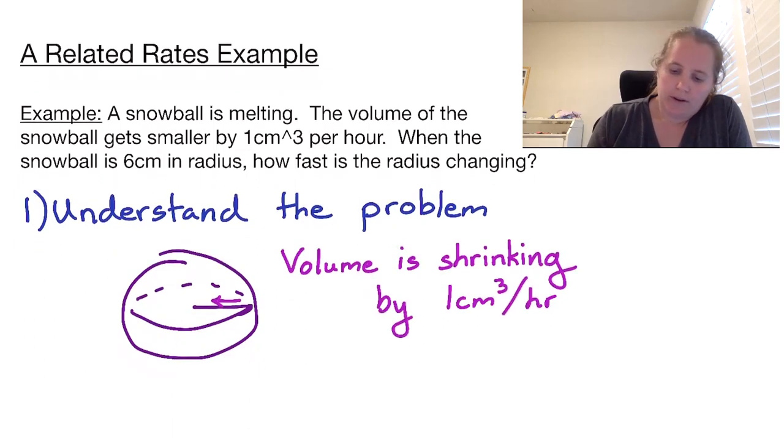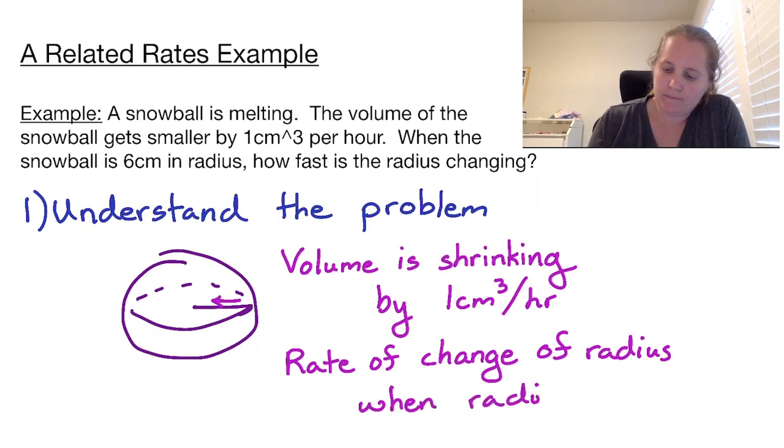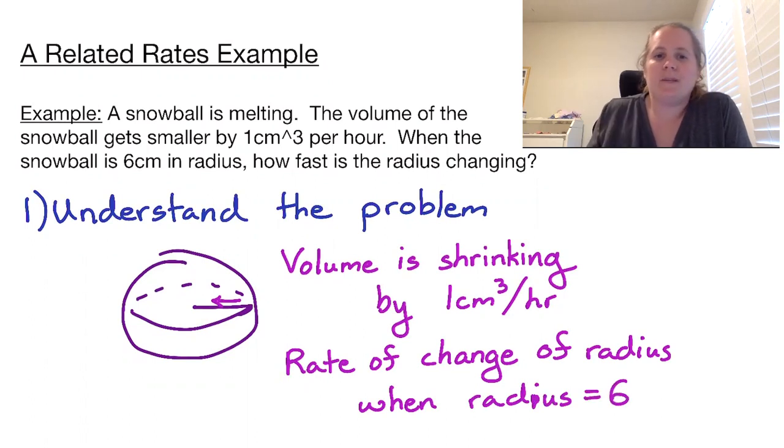We want to know the rate of change of the radius when the radius equals 6. Okay. So at this point, we have sort of a summary of the information from the problem.